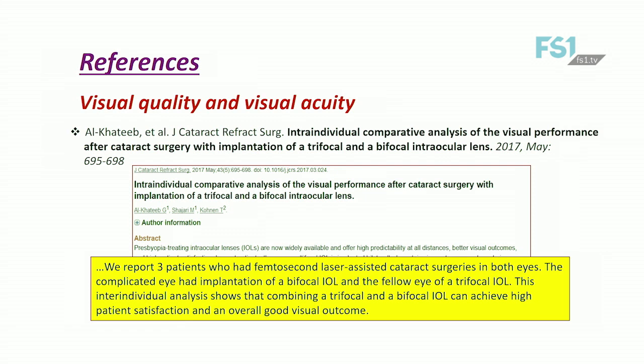I wish that we could read more articles about more patients which could describe the same results.